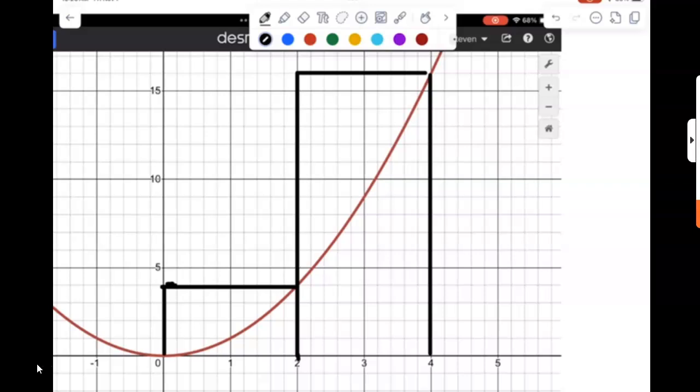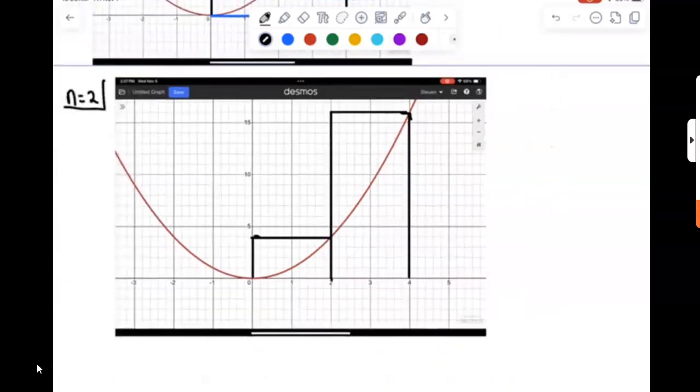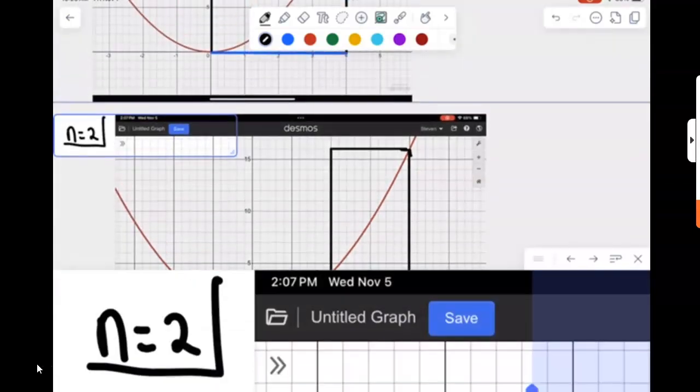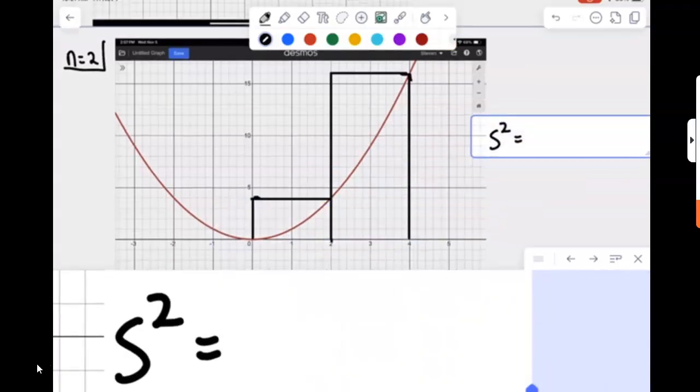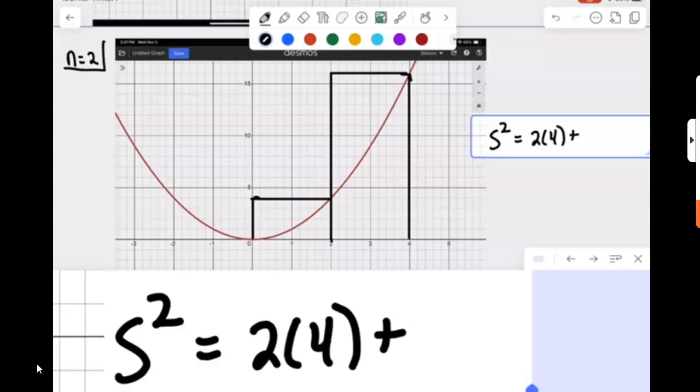Okay, so my overestimate would be S upper 2, or S2, and that would be a width of 2 times a height of 4, plus another width of 2 times the height of 16.